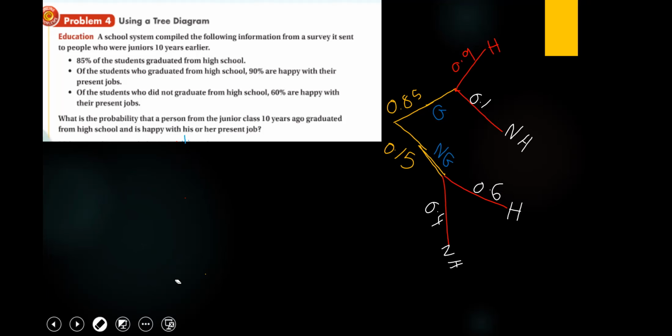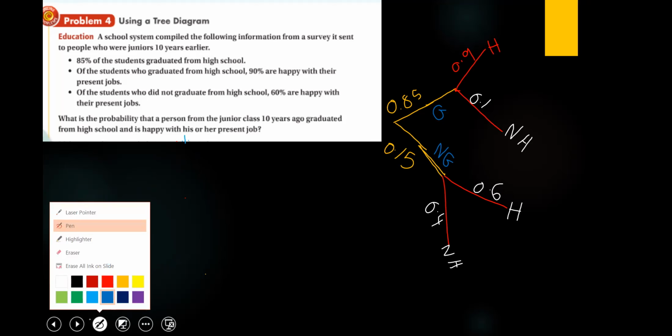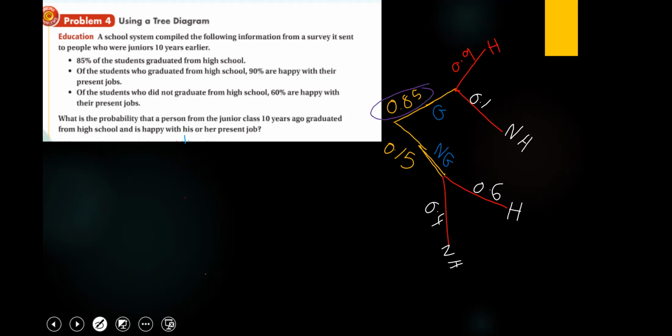Now, what is the probability? Before that, let's talk about the tree diagram. I want you now to know that this number that is written on the tree diagram shows the probability. The number 0.9 as an example is the probability of graduated and happy.